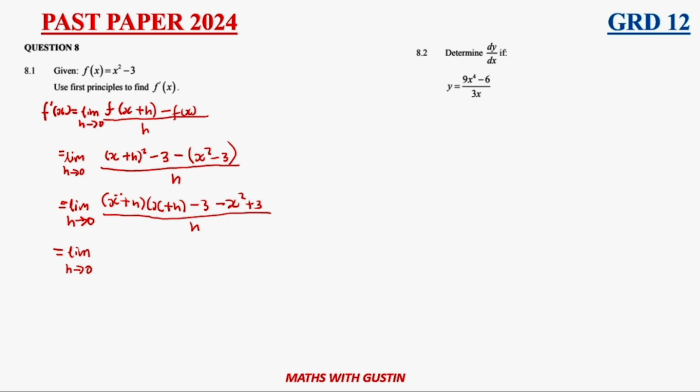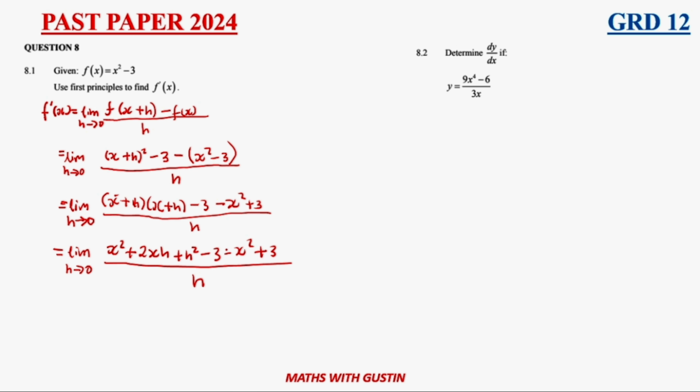Then we remove the bracket. x times x will give us x squared. Then x times h will give us xh. Then h times x will give us xh. So therefore, we have 2 of these xh. h times h here, guys, will give us what? Thank you very much for saying h squared, minus 3 minus x squared plus 3. Therefore, everything here divided by h.